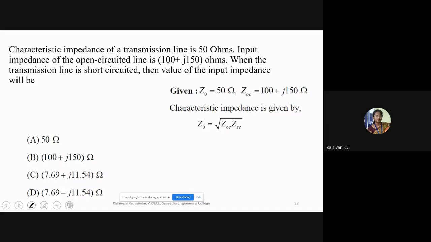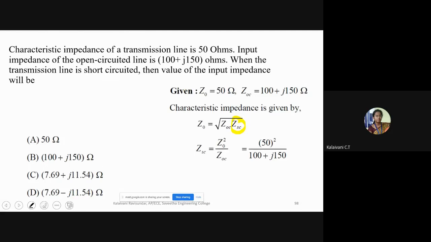To find ZSC, Z0 squared divided by ZOC will be equal to ZSC. Z0 is given in the question, that is 50 ohms. So ZSC is 50 ohms squared divided by 100 plus j150.